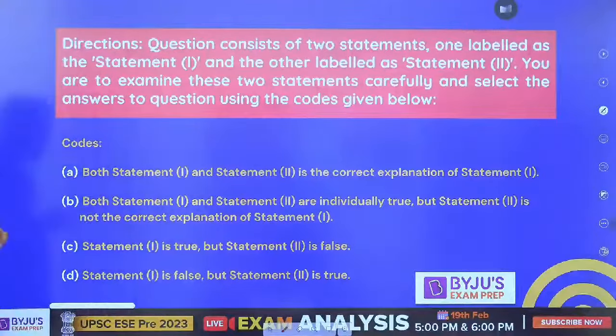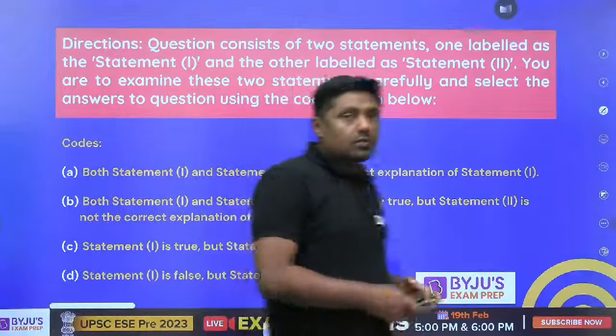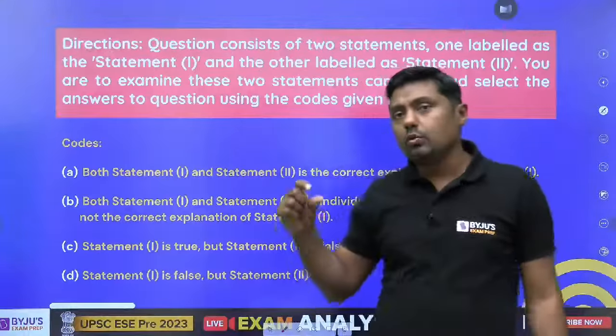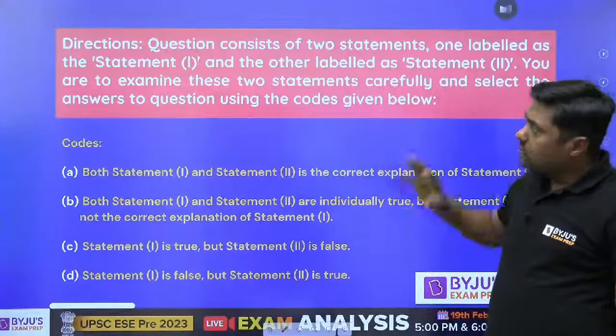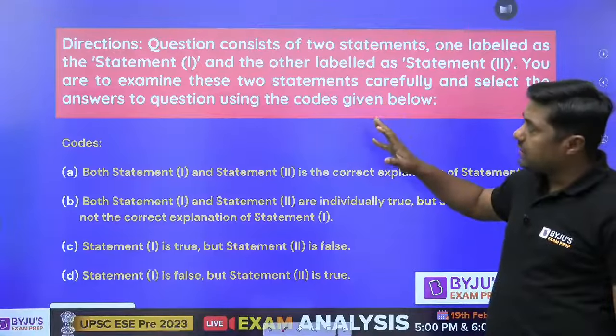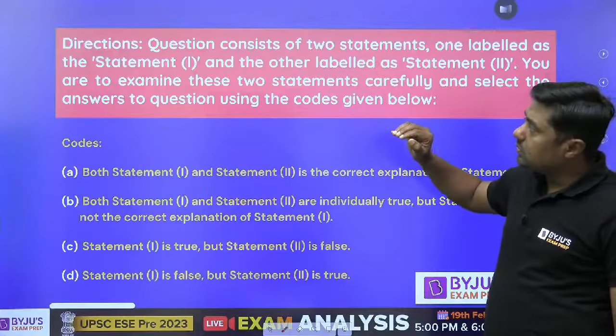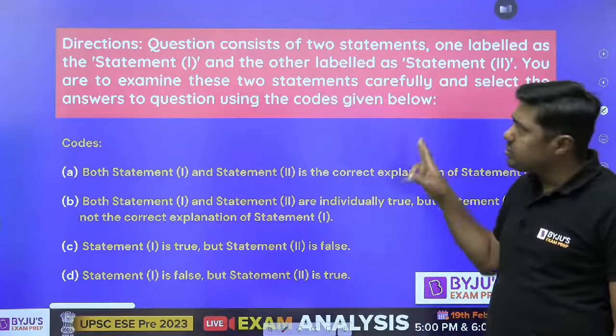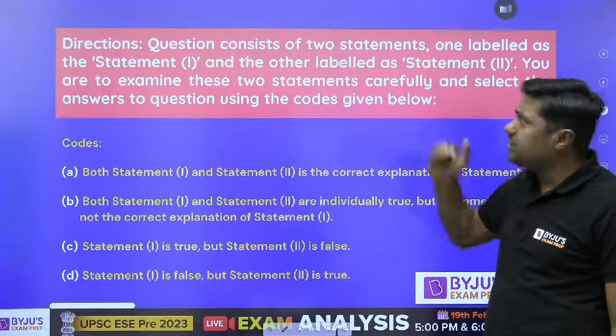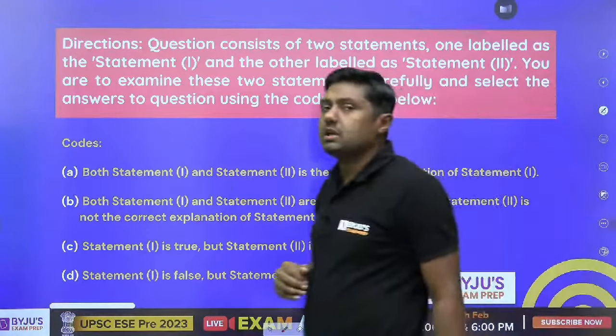So tell me, if both the statements are correct, then there will be confusion. What about option A and what about option B? Normally when both the statements are correct, then please again read the two statements and try to get the relation between statement number 1 and statement number 2.